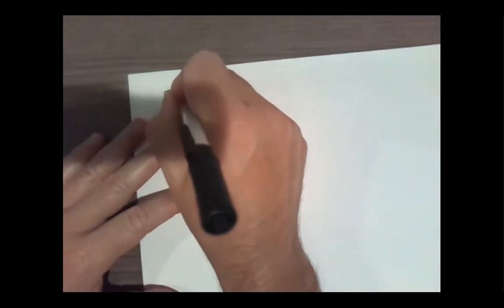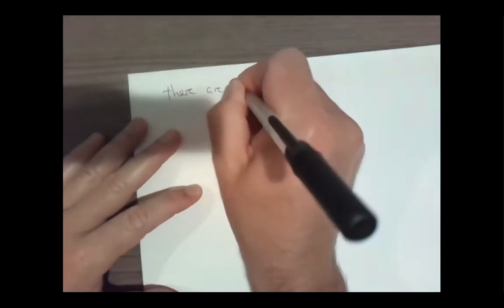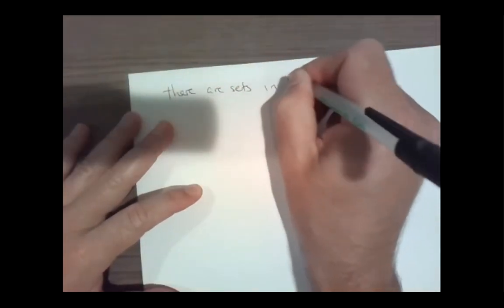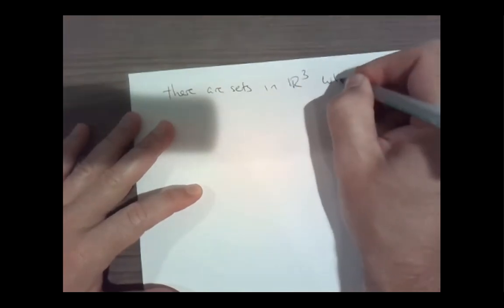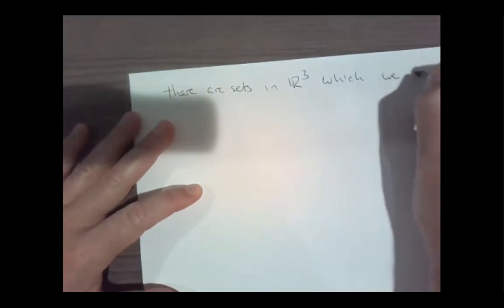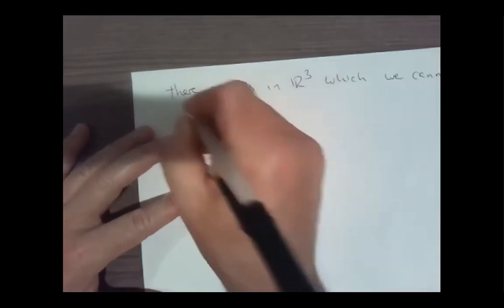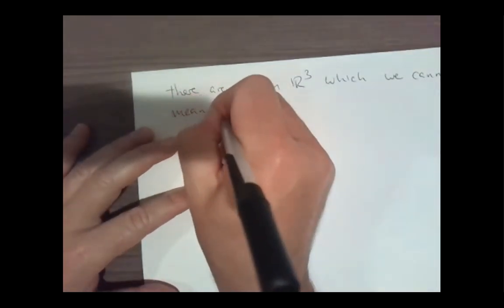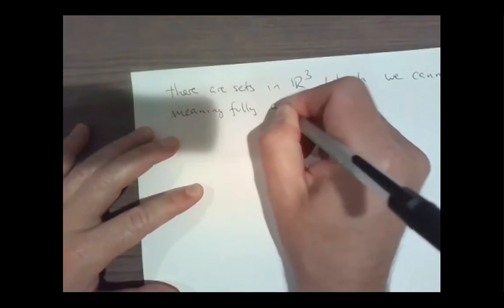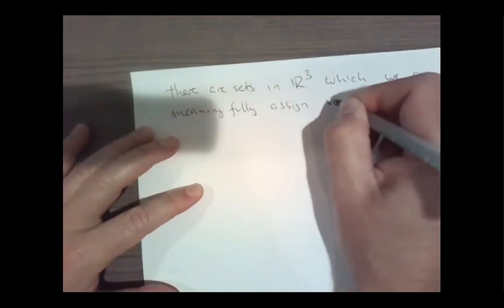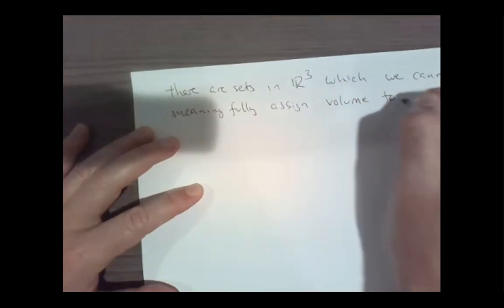So there are sets in R3 which we cannot meaningfully assign volume to. That's the conclusion, right?